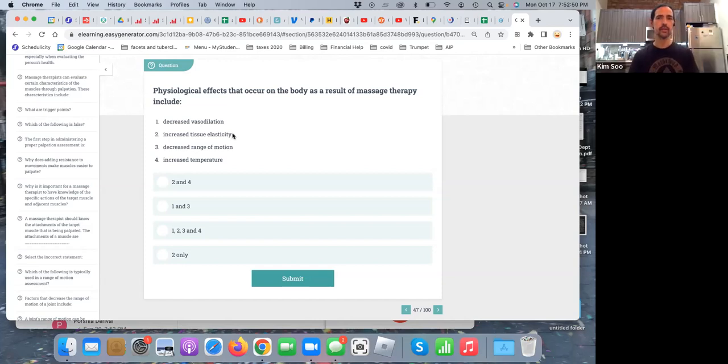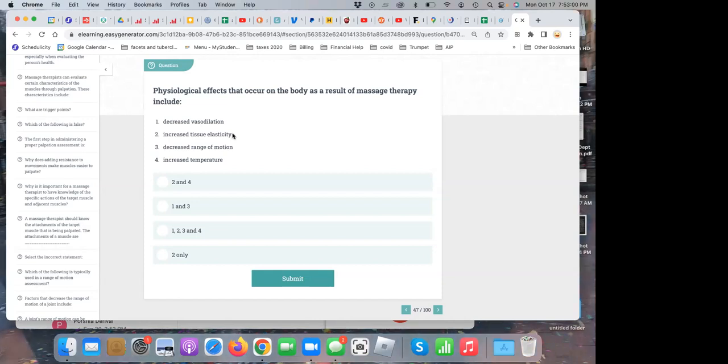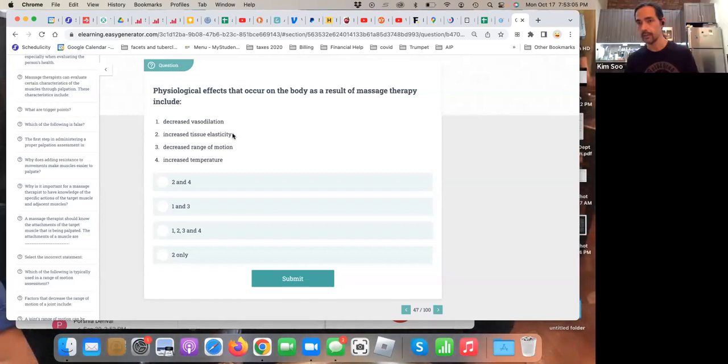What happens to the flexibility of a body part if you use massage therapy to increase tissue elasticity? Flexibility increases. Yes, it does.